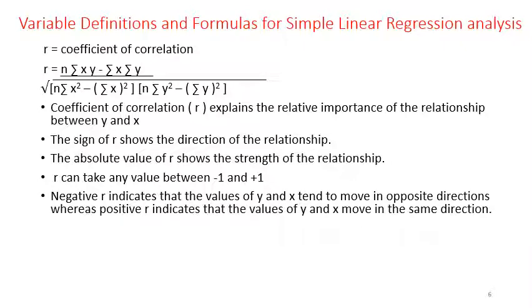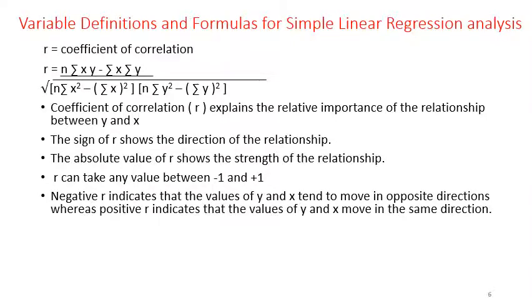So once again, please note, a value of minus 1 means a perfect negative relationship, that is, as y goes up, x goes down. Plus 1 is a perfect positive relationship, as y goes up, x goes up. An R value of 0 means no relationship exists between y and x.